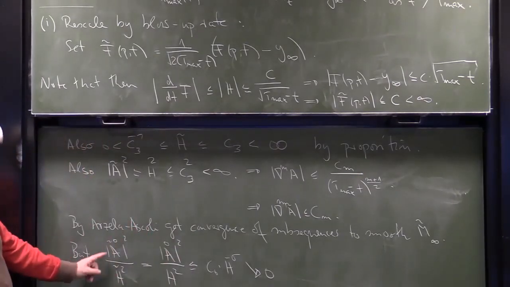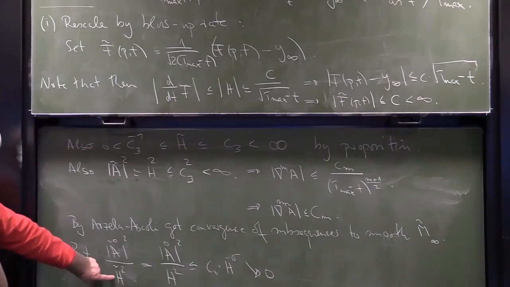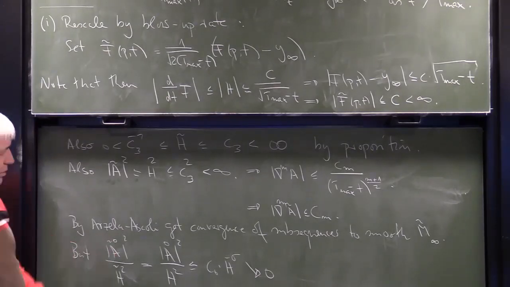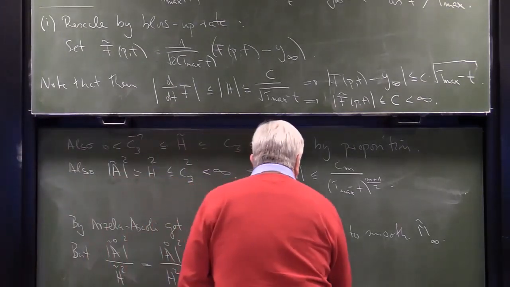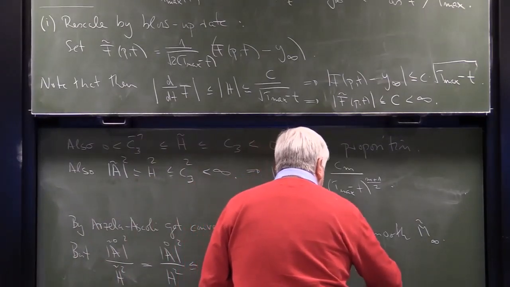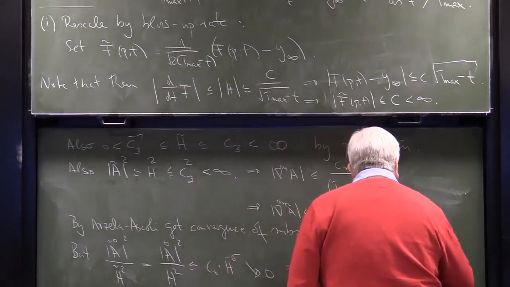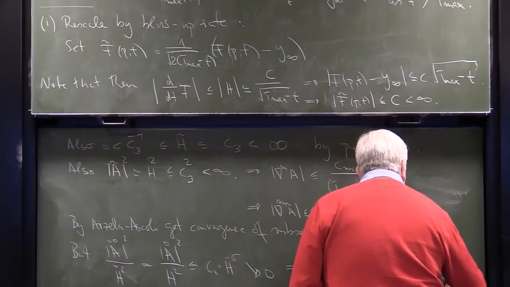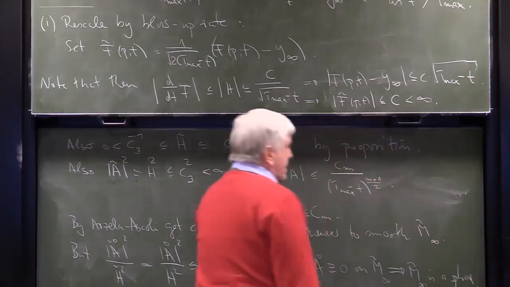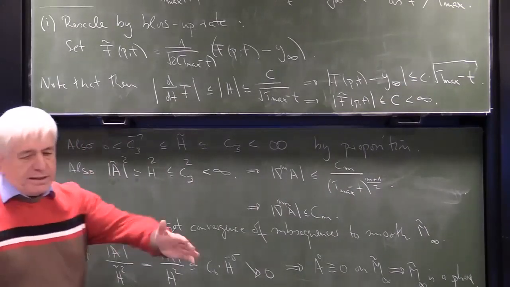So this thing goes uniformly to 0, and h tilde is bounded from below. So this must mean in the limit, A0 must be 0. A0 is identically 0 on M tilde infinity. And this must mean M tilde infinity is a sphere. So you get convergence to a sphere of any subsequence.